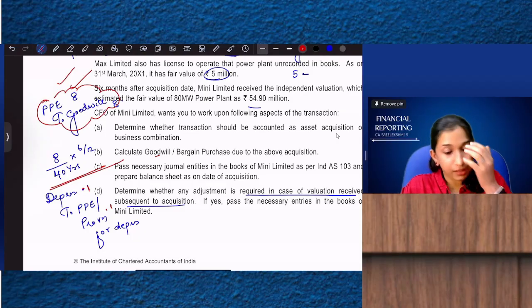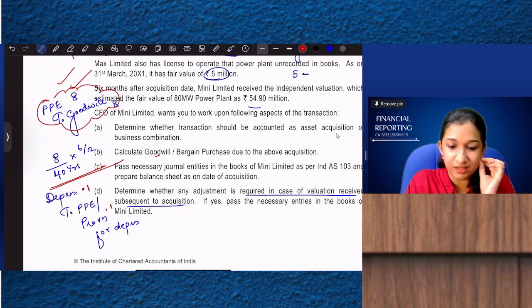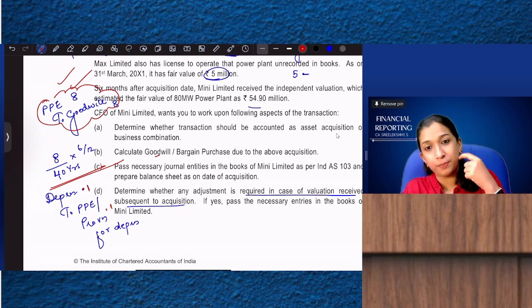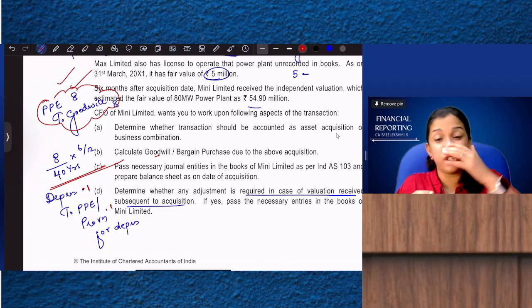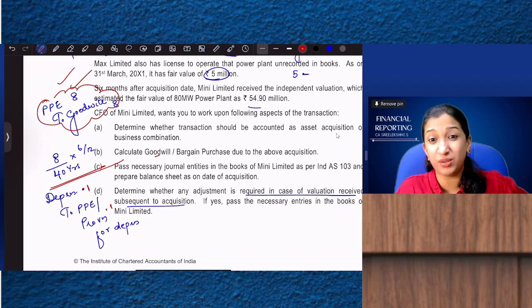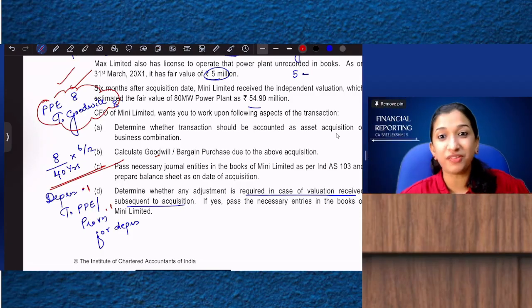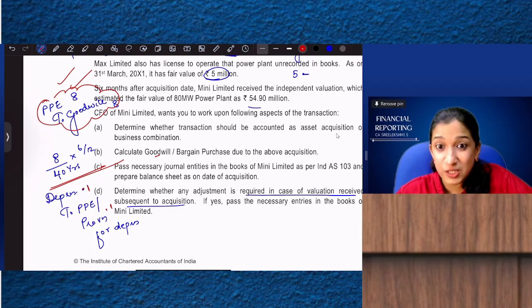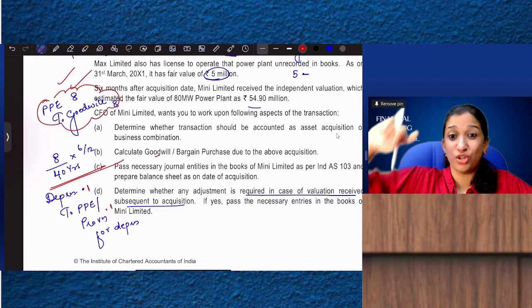But here the useful life is given as 40 years, so the remaining we need to pass. I am doing retrospective accounting; it is existing from the date of acquisition. Yes or no? Retrospective, it is existing from the date of acquisition.